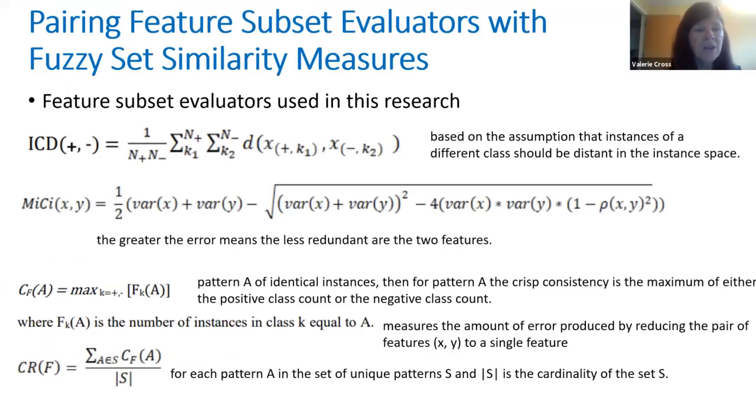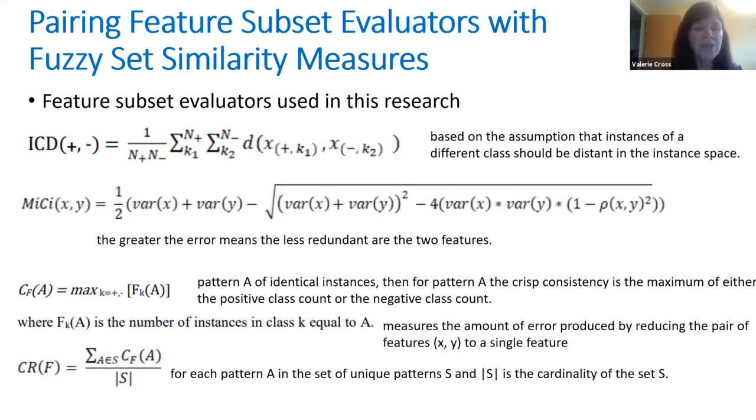We picked out 3 different feature subset evaluators: interclass distance, maximal information compression index, and the consistency rate. And for all of these, the larger the value, the better the feature subset is, because you want to have a lot of distance between the different classes.